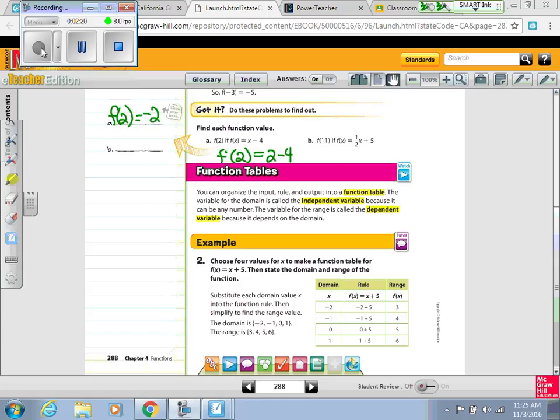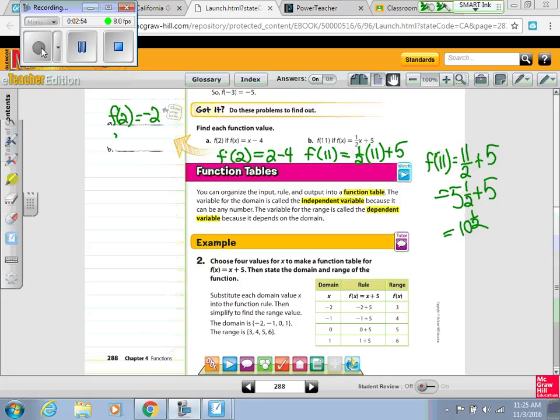And if we try it for this one, we get f of 11 equals 1/2 times 11 plus 5. So f of 11 is 11 over 2 plus 5. 11 over 2 is 5.5. 5.5 plus 5 is 10.5.